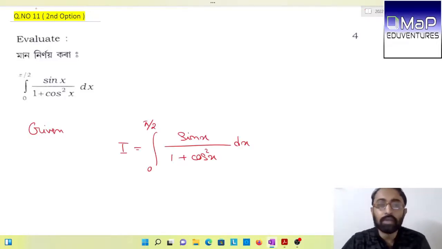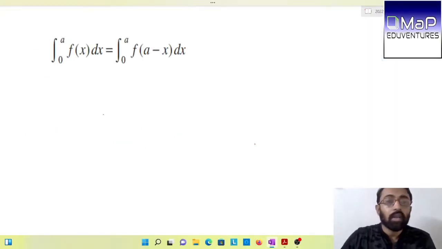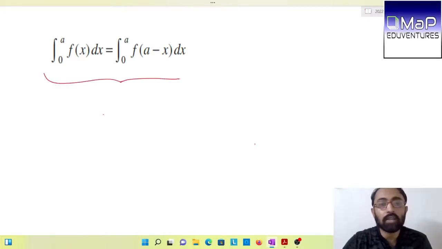So the first question that arises is which property to use, and second, whether we can use that property actually or not. If you observe the limit, this is the property we can use in that question, because the limit is 0 to a, exactly the same way.